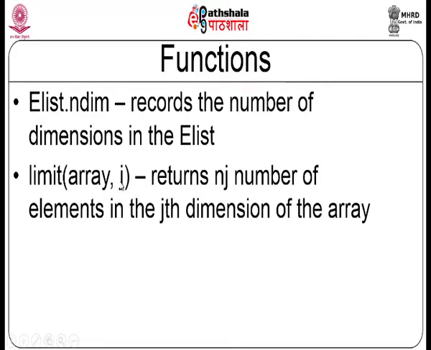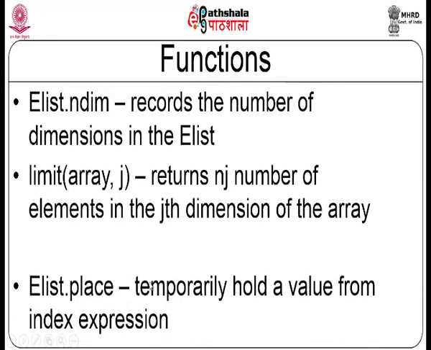So, if I say array comma 2, the number of elements in the second dimension, as per the definition of the array, will be returned by this function limit. So, limit of array comma j basically returns the number of elements of the jth dimension of the array. That is what the function limit returns.